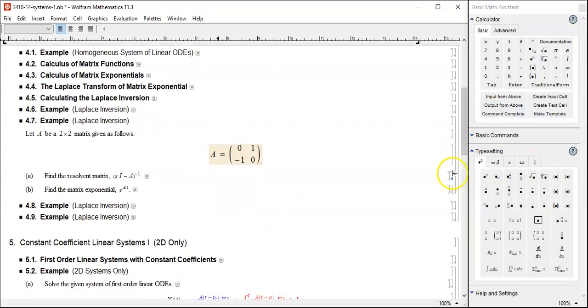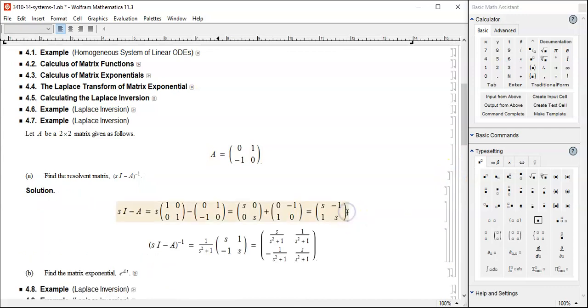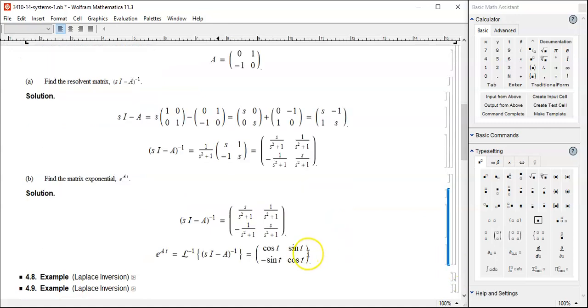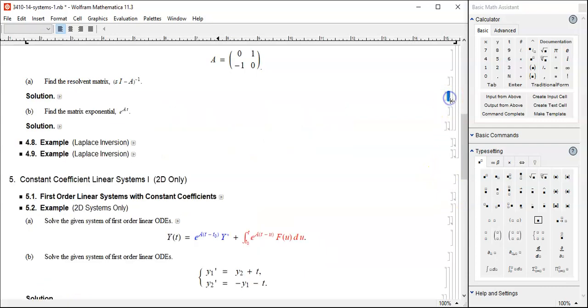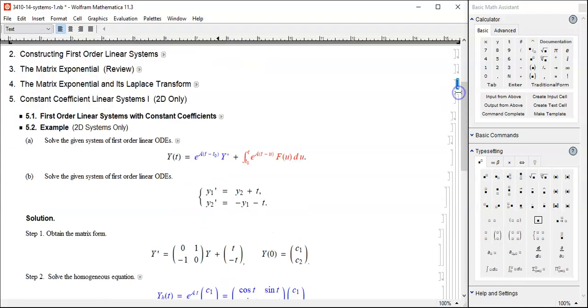Find the resolvent matrix, sI minus A, and then take the inverse using the inverse matrix formula for 2 by 2 matrices. Turned out we have s squared plus 1, so that's easy. You can look up the Laplace transform table on page 123. Here you end up with cosine of t, sine of t, negative sine of t, cosine of t. A little bit more elegant method. In any case, we have it.